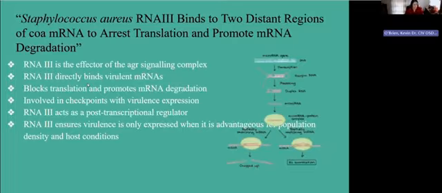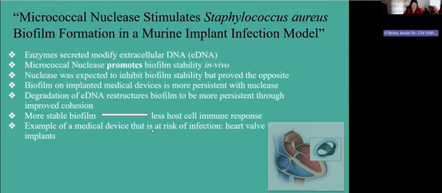So if, say, for example, glucose was low, then this signaling mechanism in this RNAIII complex would bind and regulate certain gene expression, maybe conserve nutrients or make the biofilm smaller in order to remain alive within the host cell.